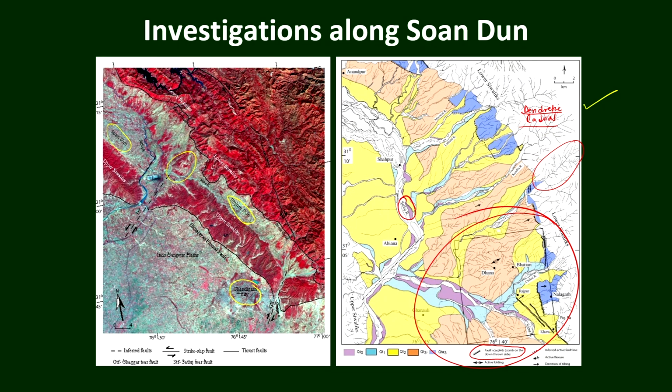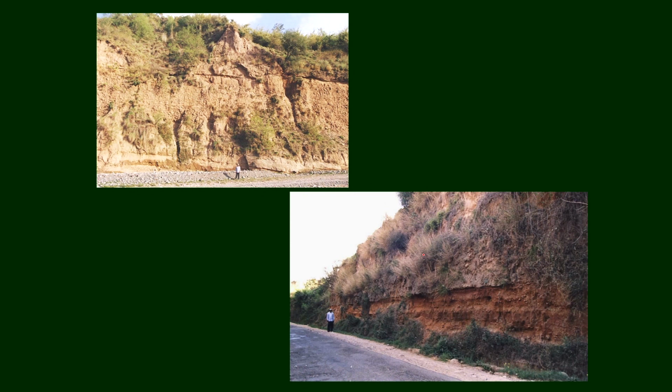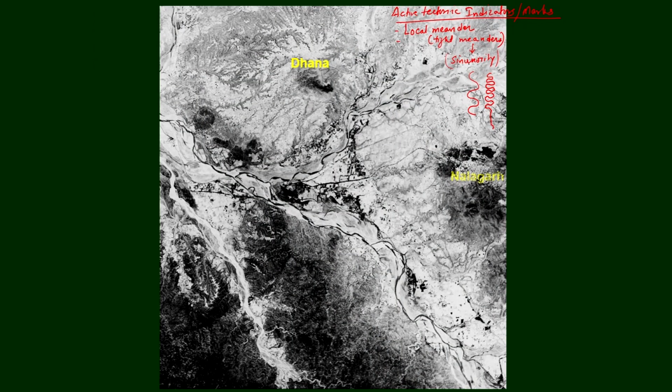So we are looking in that domain. What we see here is that there is a fault which is controlling this whole topography and even the drainage here. That is what we were able to pick up, and that was quite interesting. So let us go ahead and see what evidence we see over here in this particular area.